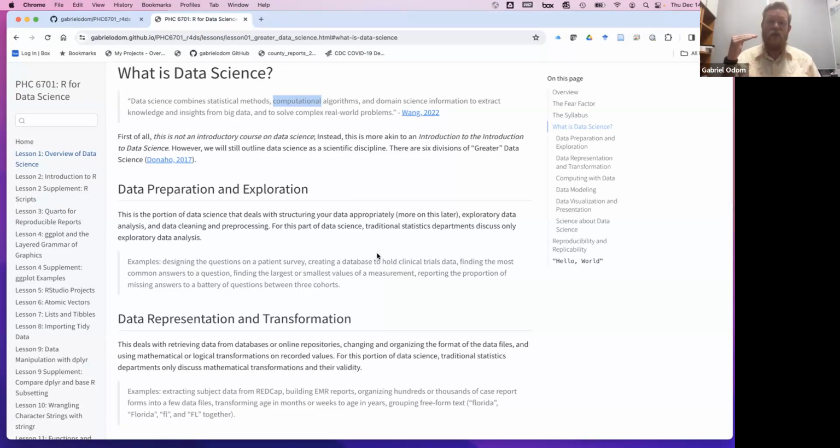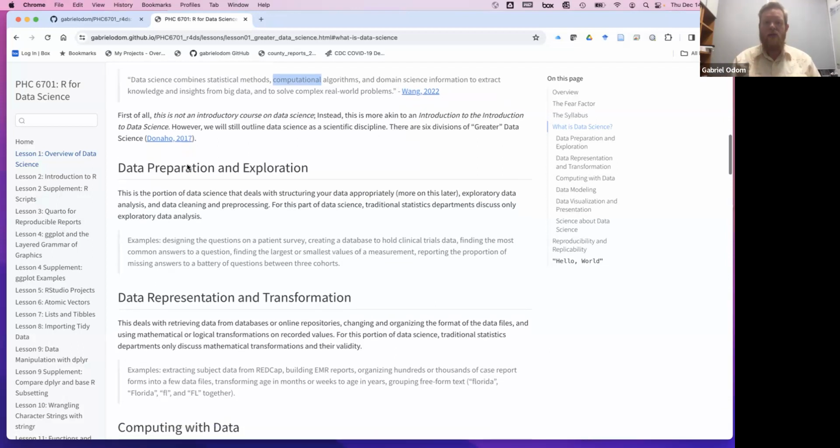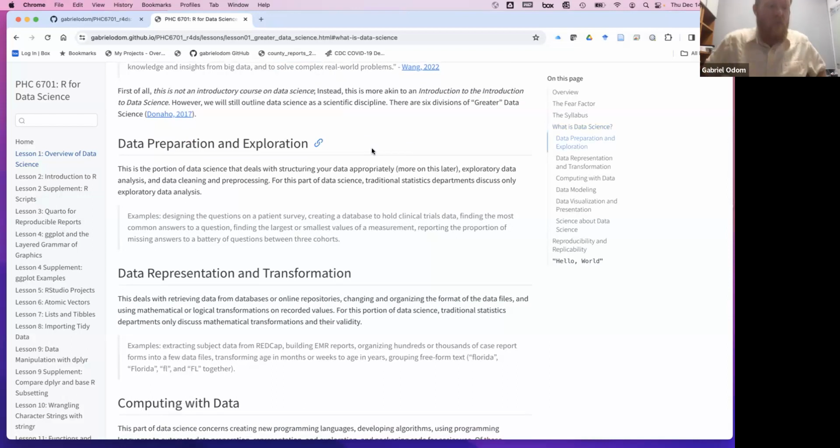So I want to get into the different components of data science, and this is pulling primarily from a Donoho paper. I do recommend that you read or at least skim this paper. It's a little bit long. It could take you maybe an hour or two to read. Honestly, maybe have ChatGPT just summarize it for you.